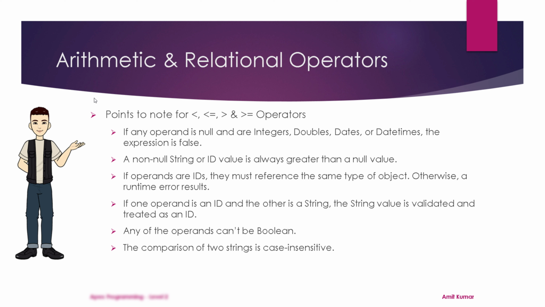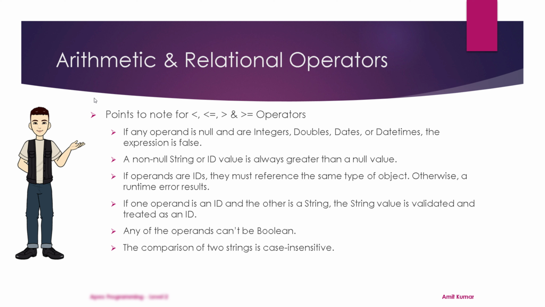If operands are IDs, they must reference the same type of object. Otherwise, a runtime error results. So you can compare two IDs with these operators, but the object of both the IDs should be same. You can't check the ID of a contact with an ID of an account with these operators. If one operand is an ID and the other is a string, the string value is validated and treated as an ID.